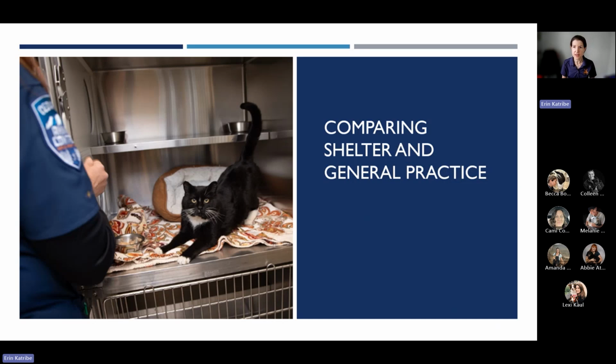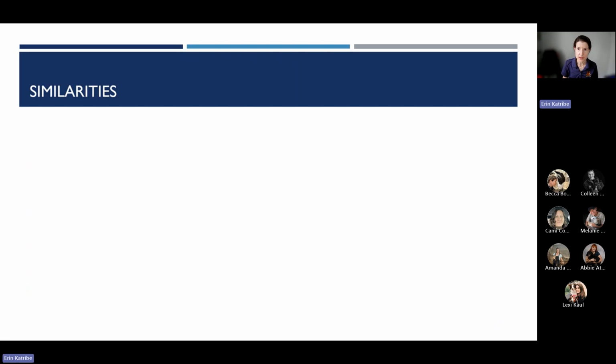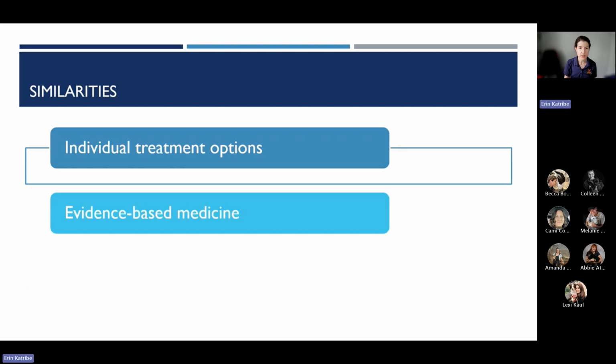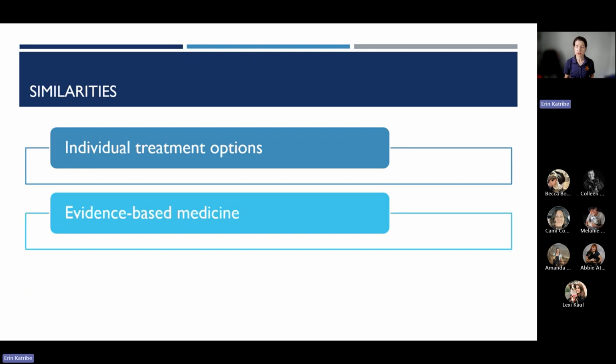Okay, so first, let's look at comparing shelter and general practice. What are some similarities to start with? In both situations, we obviously have an individual patient in front of us, and we have a variety of treatment and management options with those individual animals. Evidence-based medicine, right? In veterinary medicine generally, where we have evidence to support our decision-making, we want to use that evidence.